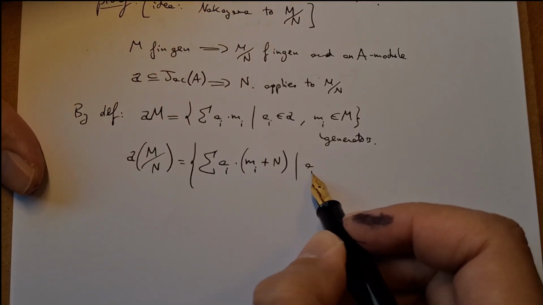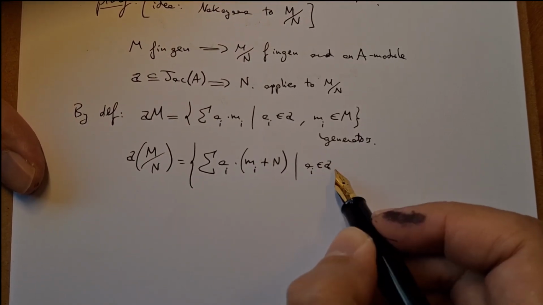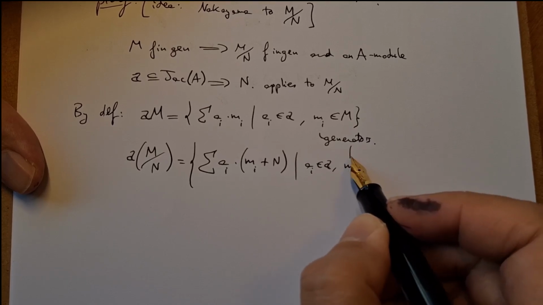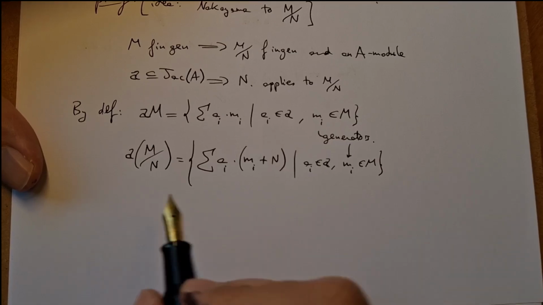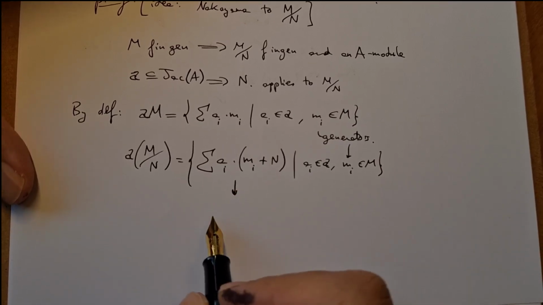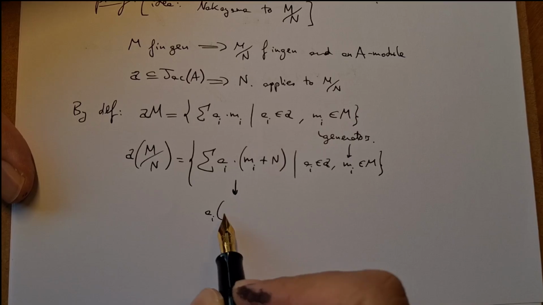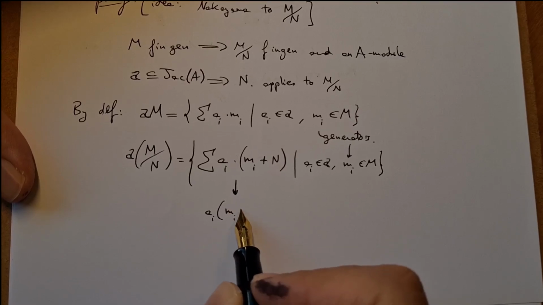And here we have A sub i, again, members of the ideal A, and M sub i are the generators also of M.